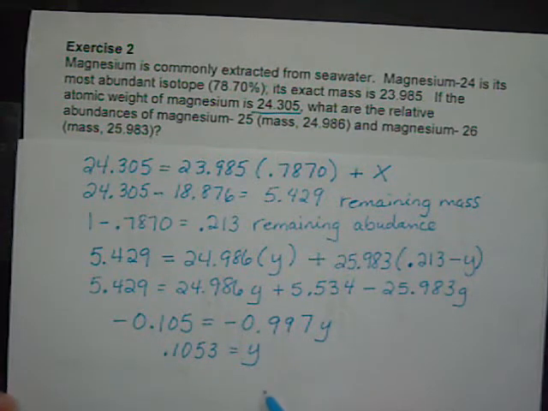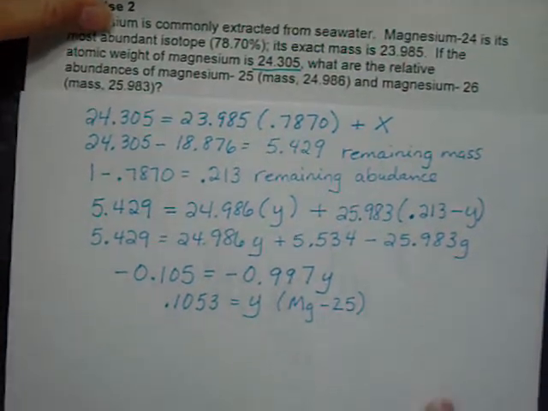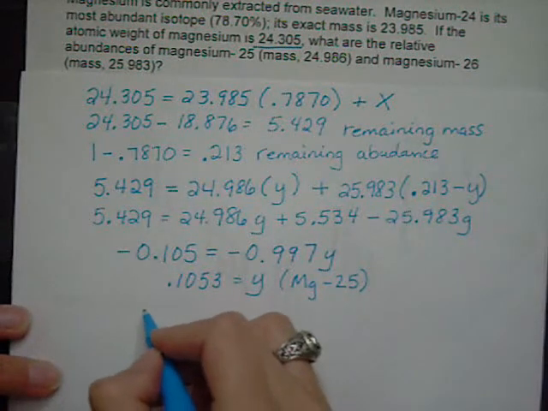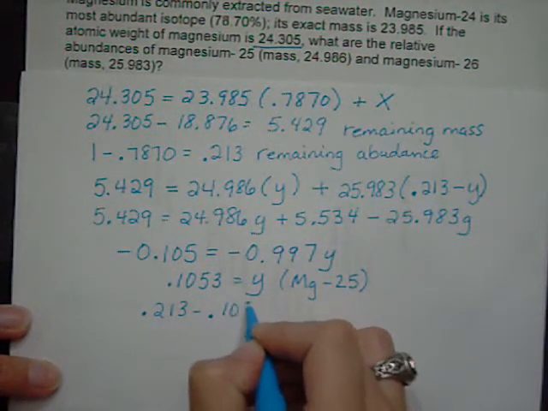So that's going to be for the magnesium 25. And then the other one will be taking the difference. 0.213 minus 0.1053.